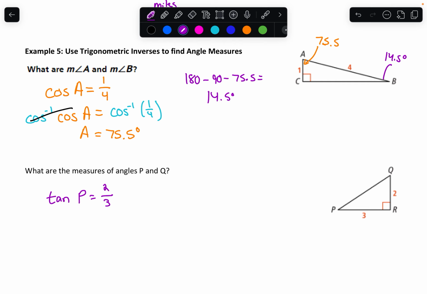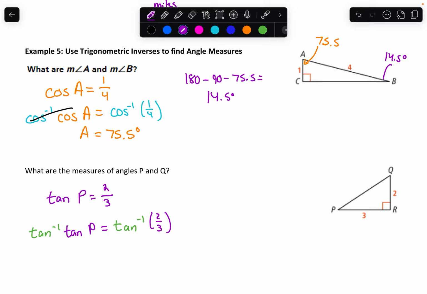I don't want the tangent of P, I just want angle P without the word tangent. So once again, I am going to take the inverse trig function. I'm going to take the inverse tangent, and again, that's a button on your calculator right above tangent. Inverse tangent of the tangent of P is equal to the inverse tangent, because I've got to do it on the other side as well, of 2/3.